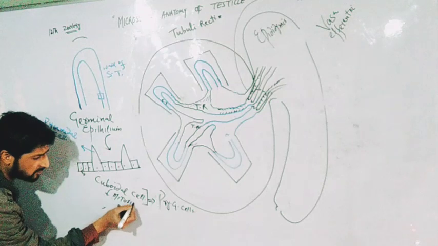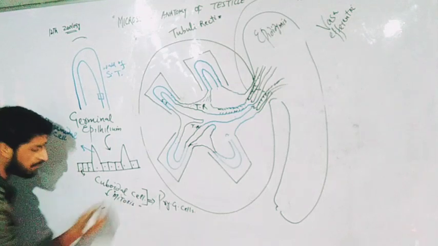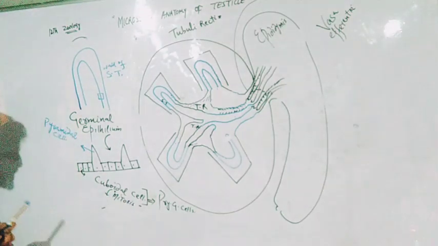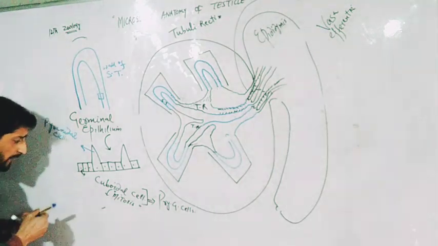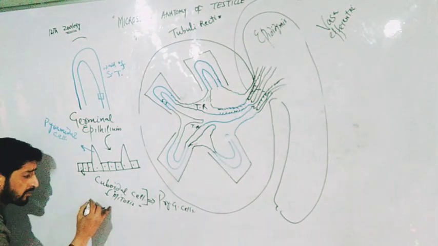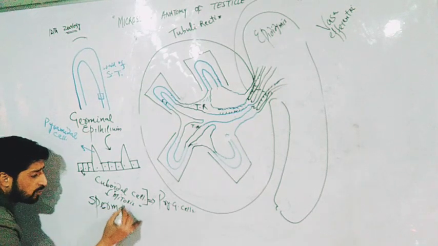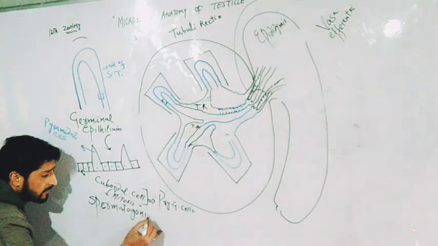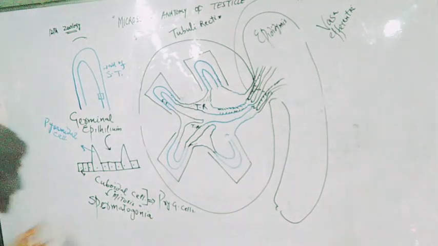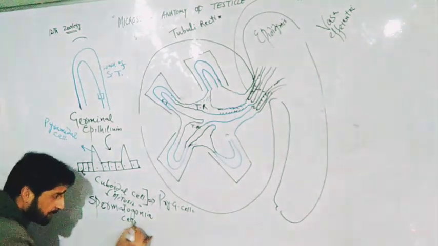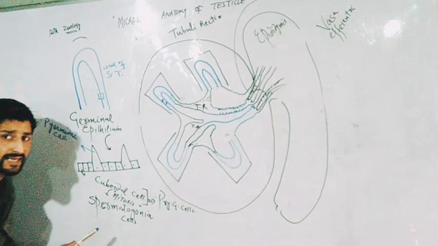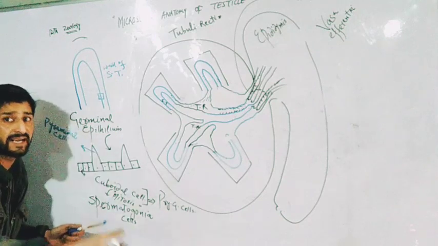इन्हीं cuboidal cells को हो जाती है mitosis, and result in the formation of spermatogonia. And these spermatogonia cells are actually the precursor cells. Precursor का मतलब होता है जिनसे फिर दूसरी cells बनाई जाएंगी.